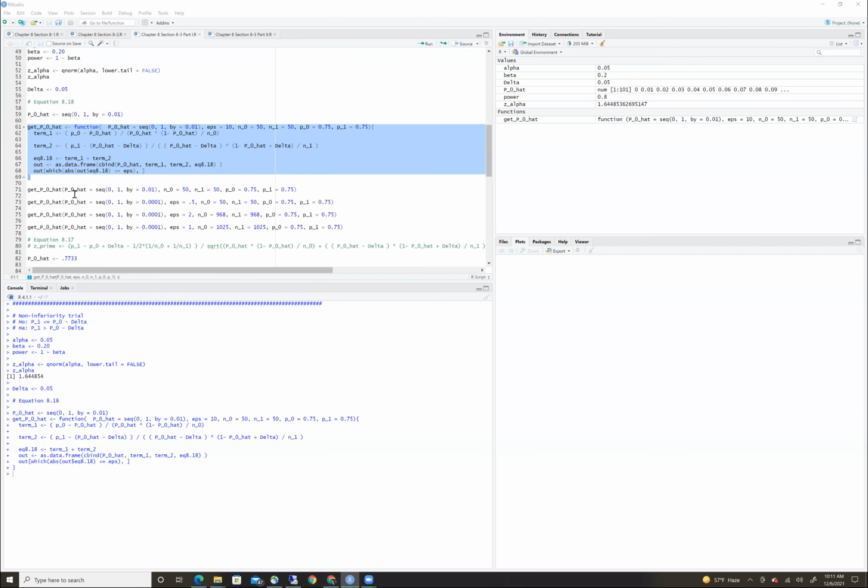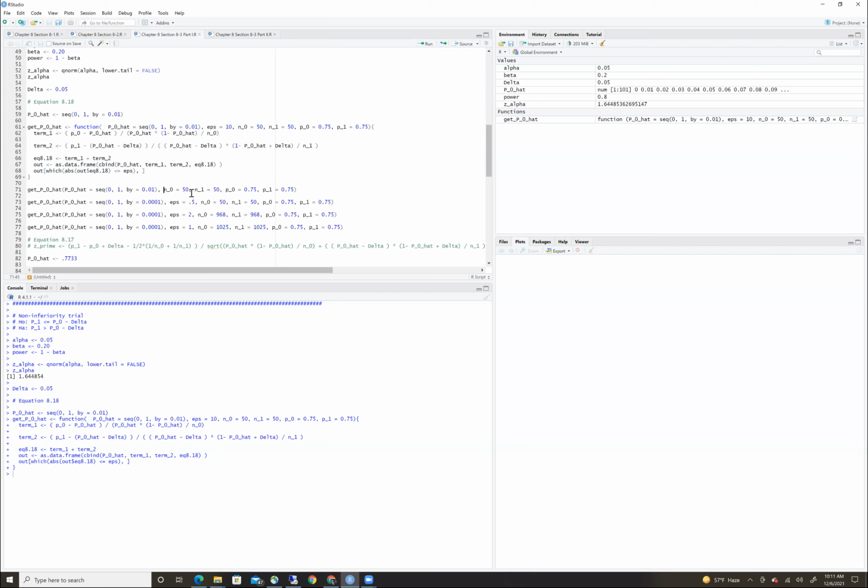So we are going to consider a lot of different P0 hats somewhere between 0 and 1, values that are just 0.01 apart each time.